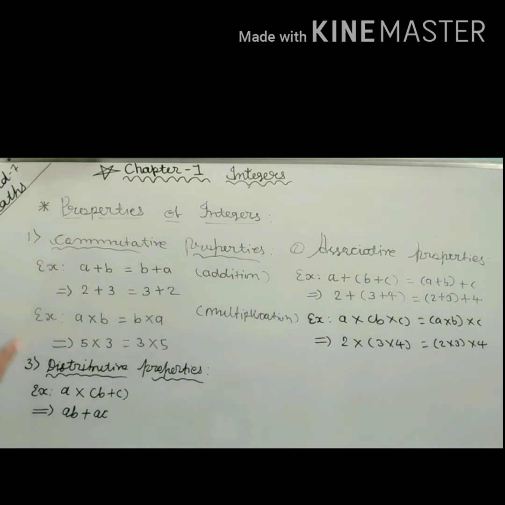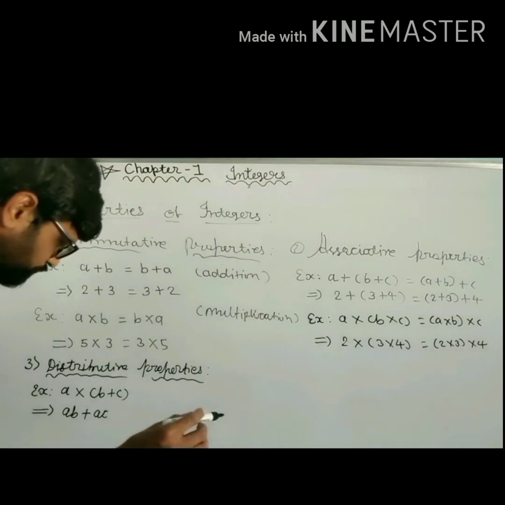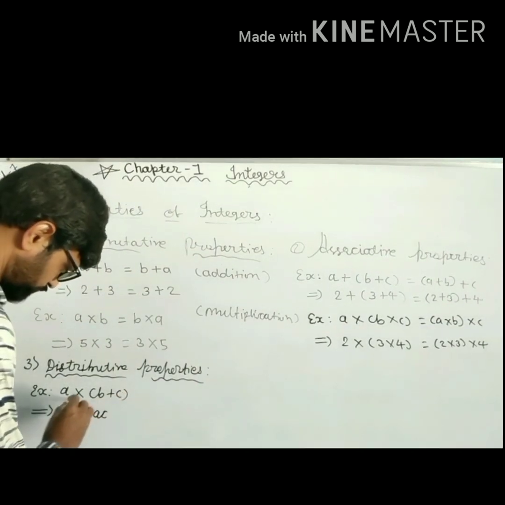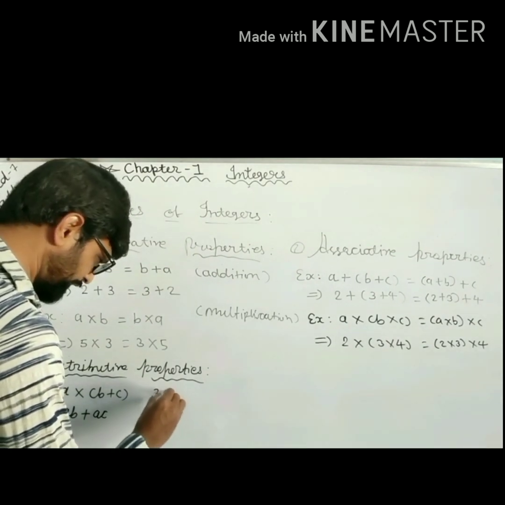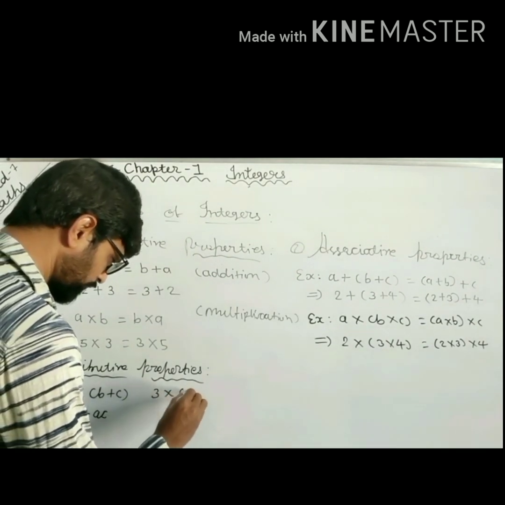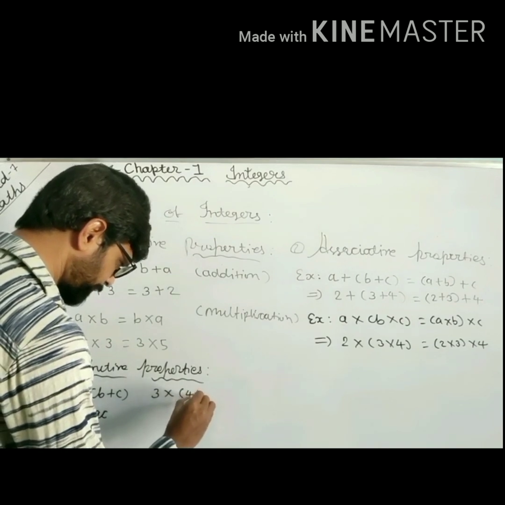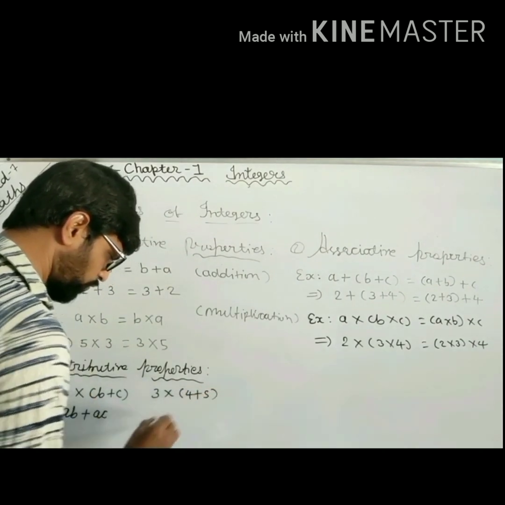Now I will take some numbers or integers for better understanding of this example. 3 multiply 4 plus 5.